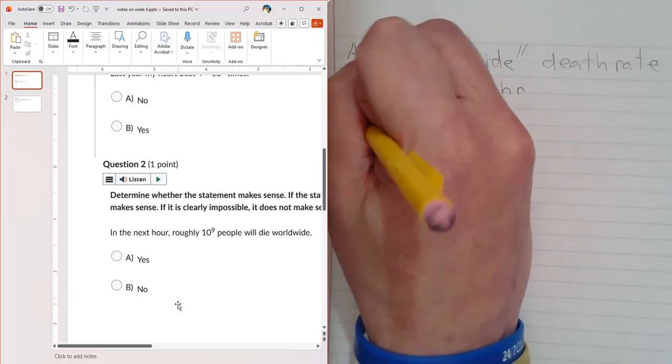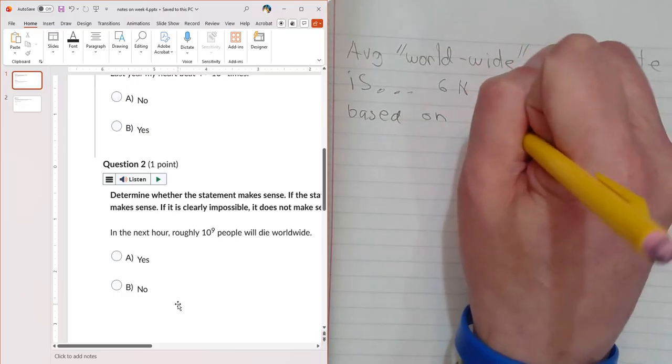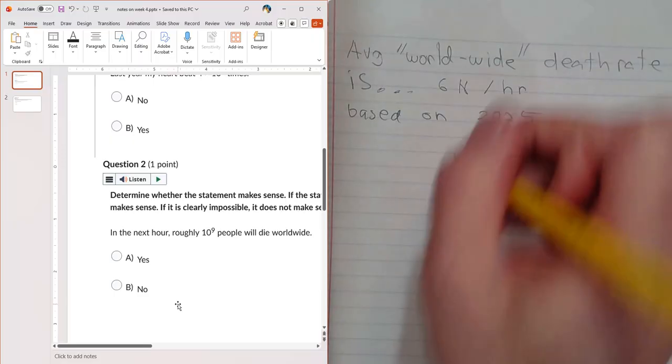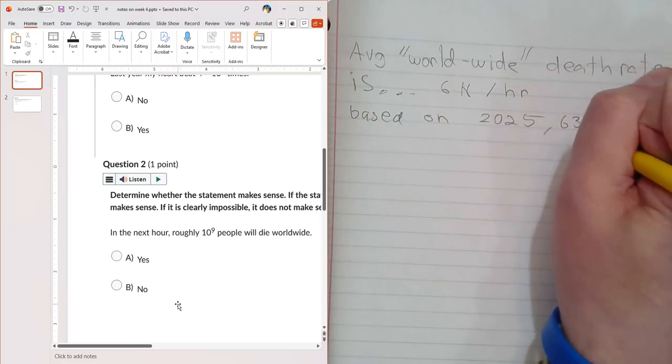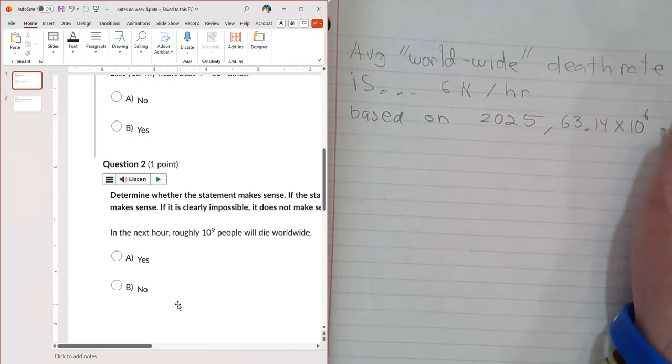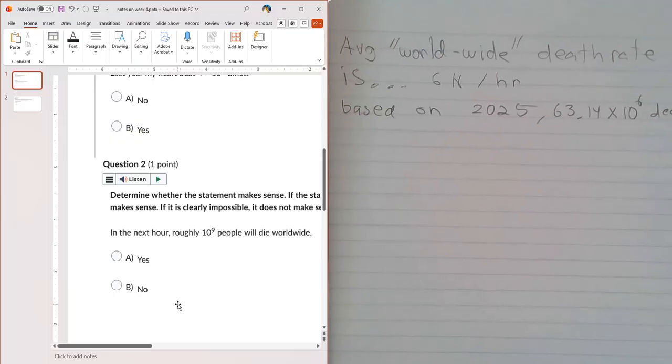We should note that estimate is based on 2025 death rates, where we had 63.14 million deaths in 2025. And here we go. So let's just say the question says 10 to the 9th.